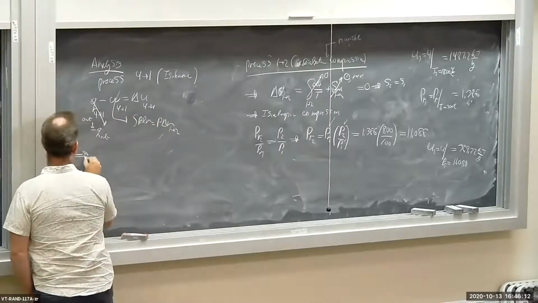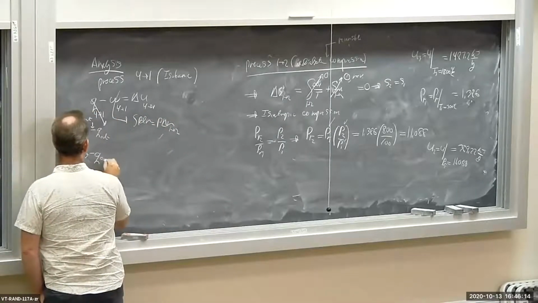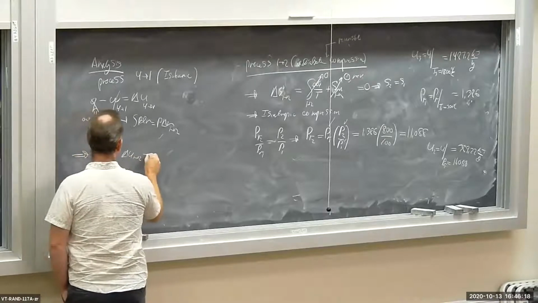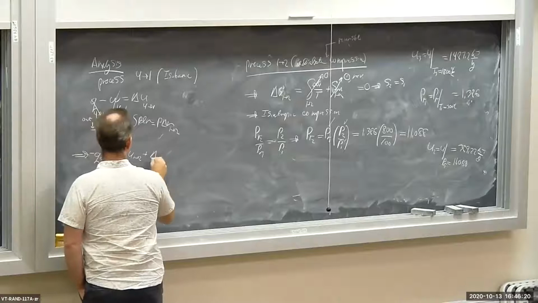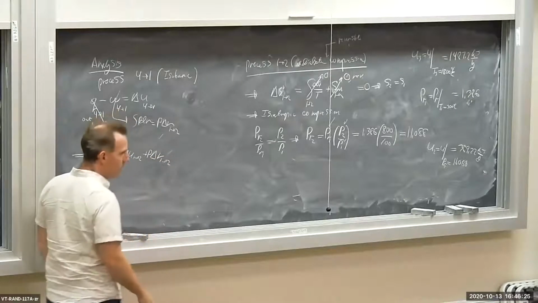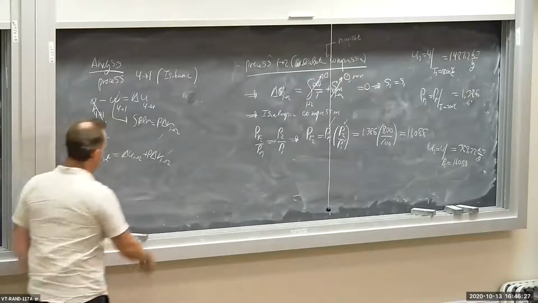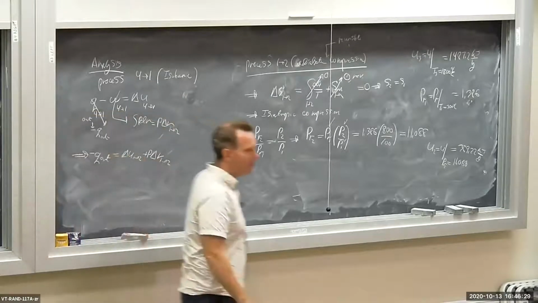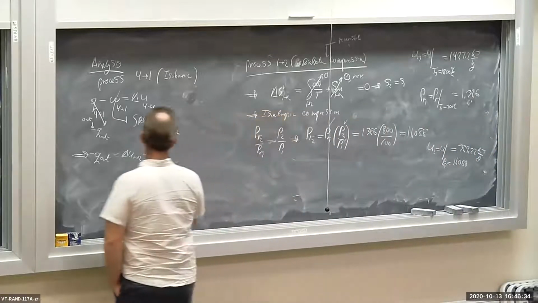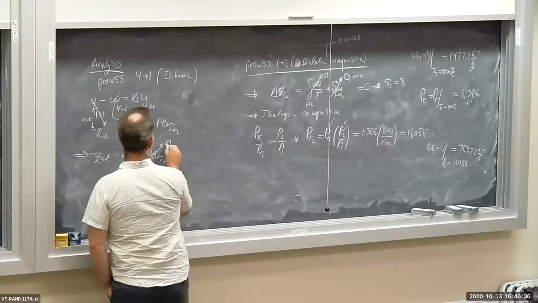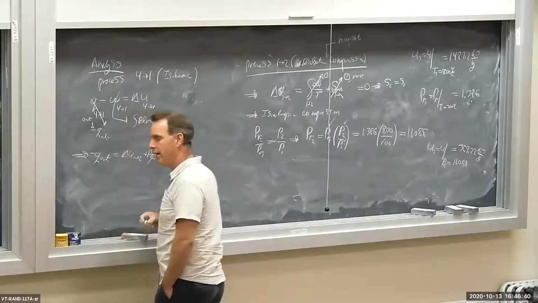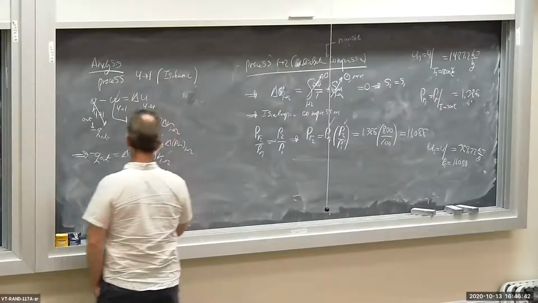And I get negative Q out is equal to delta U plus P delta V. That's specific volume. Delta U plus P delta V, or if you like, delta PV, because it's constant pressure, gives me delta H.